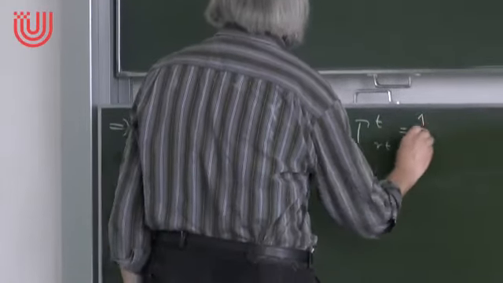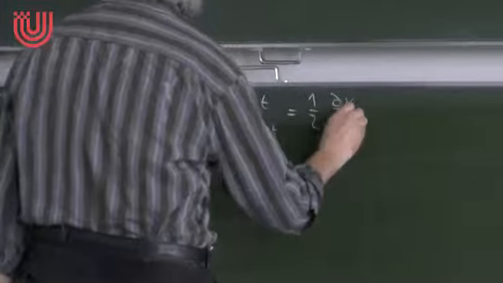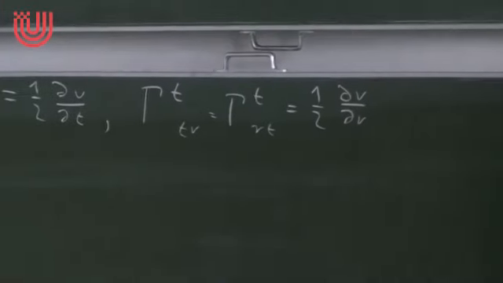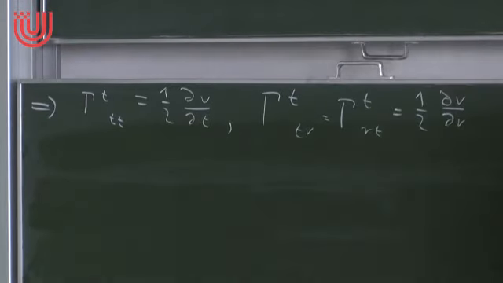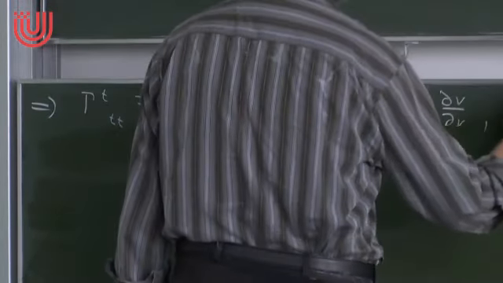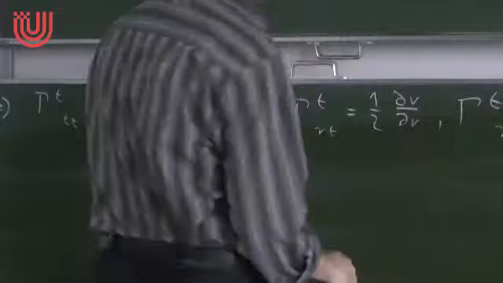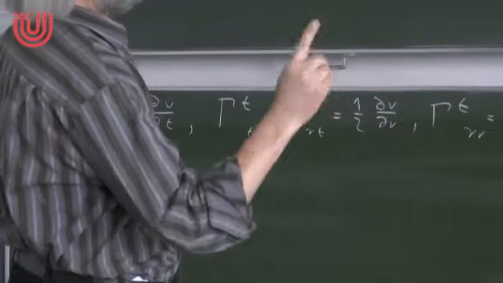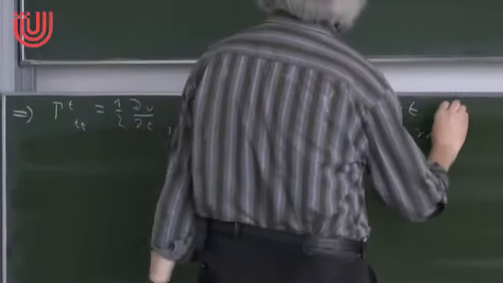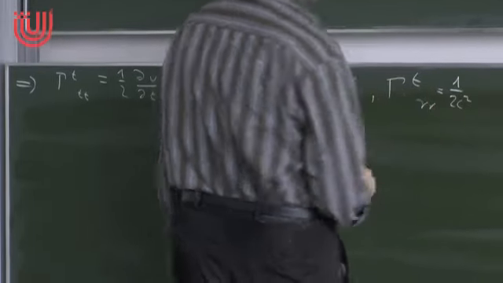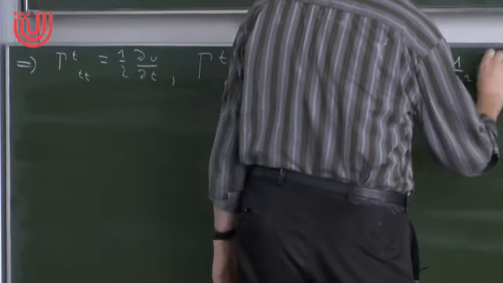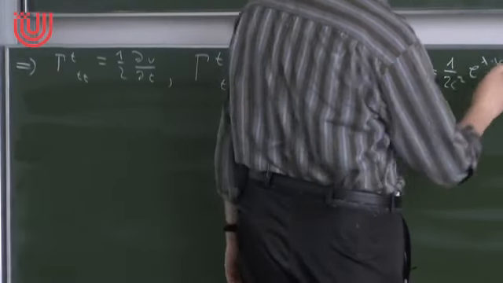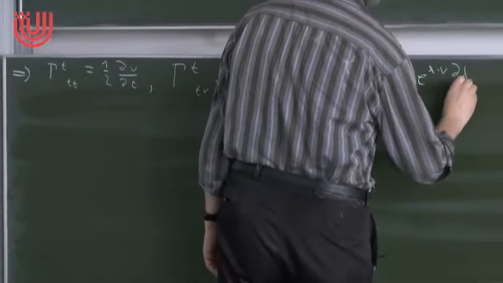This is 1/2 dν/dr. And the last one is Γ^t_{rr}, that's this here. I have a minus sign on both sides, so I get plus 1 over 2c squared e to the λ minus ν times dλ/dt.